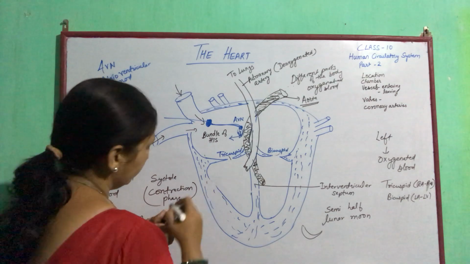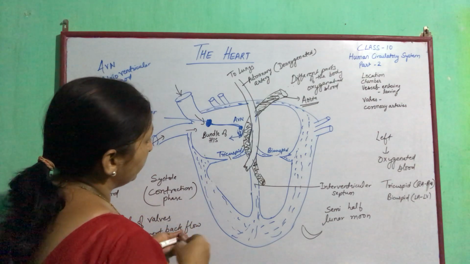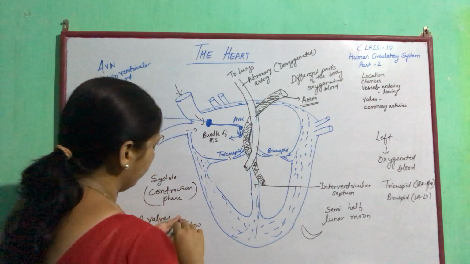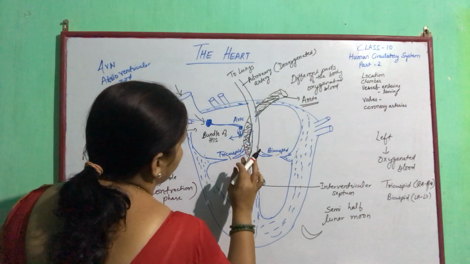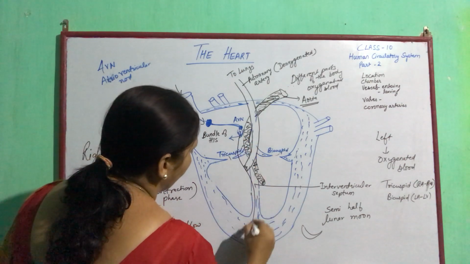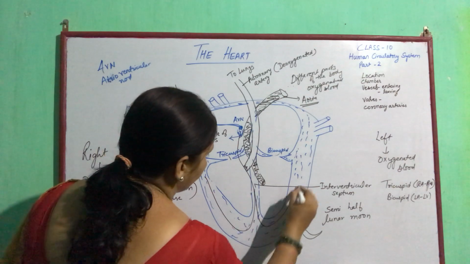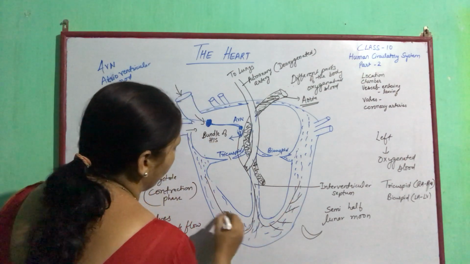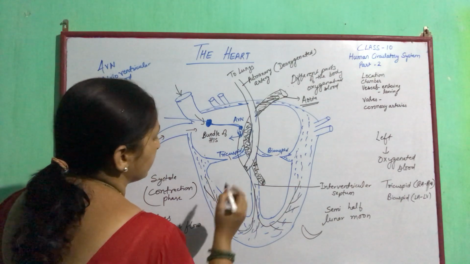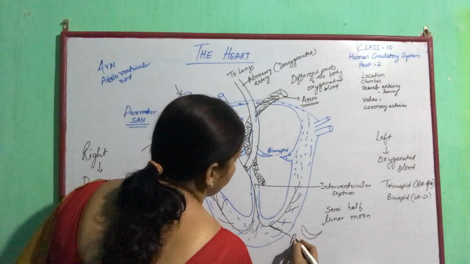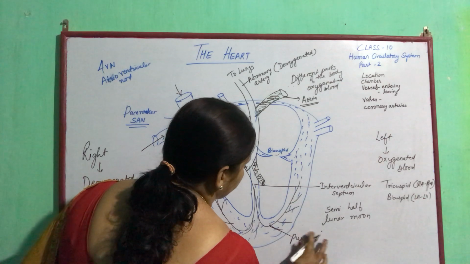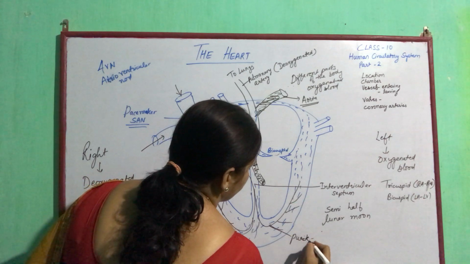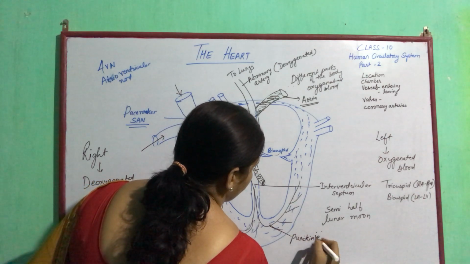From the bundle of His, various fibers arise, and they move along with the ventricles, and that is termed as Purkinje fibers.